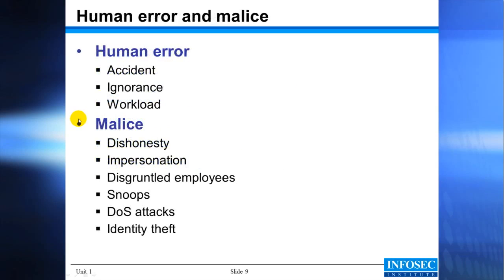Users, unfortunately, are human, and therefore they make mistakes. Again, these mistakes occur because they just do. An accident may occur, or users are unaware of their responsibilities, and therefore they don't take the appropriate steps to secure the systems or the data that they work with.